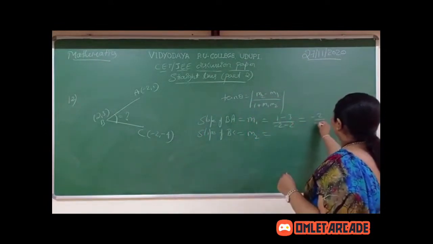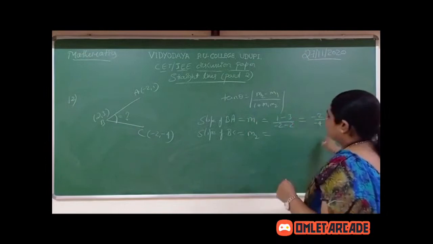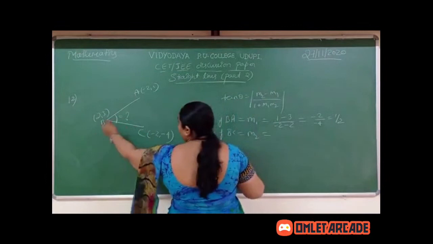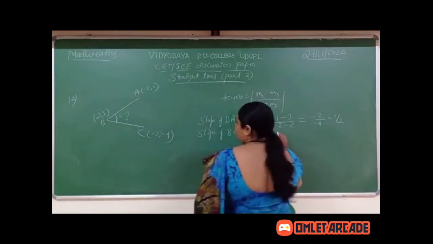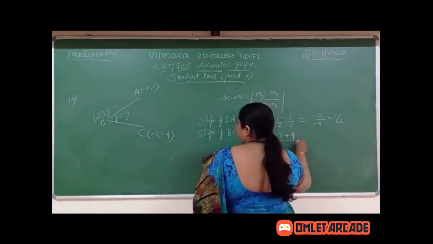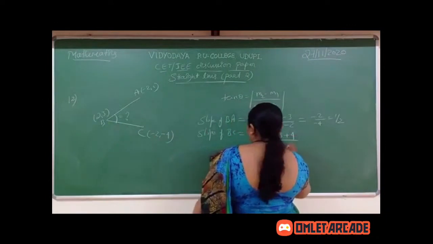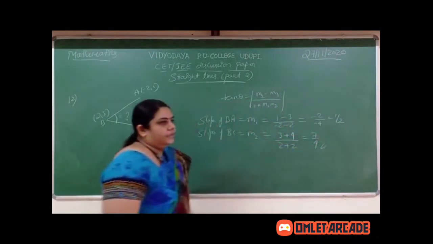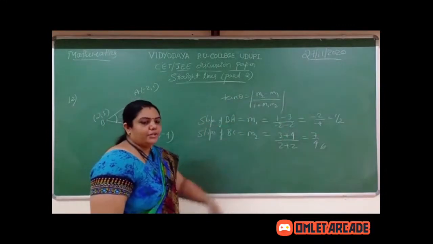Which is equal to minus 2 by minus 4, that is half. This is the value of M1. Similarly, we find M2, slope of BC. So here (3 plus 4) divided by (2 plus 2), so 7 by 4. So we have both M1 and M2.